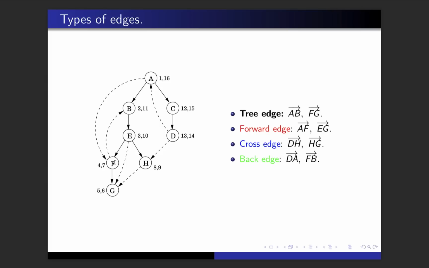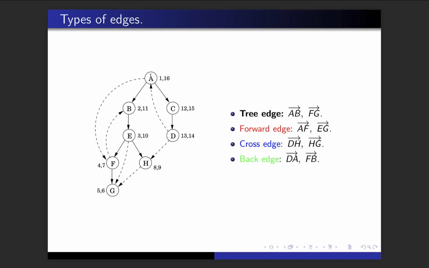And also the edge FV can be labeled as a back edge. Notice that every single edge will be classified in a unique way, because you cannot play two of these roles at the same time. Every single edge will fall into one of the four categories that are present here. And an important thing to notice is that if you have a back edge, look at the very last one here, and let's focus on the example DA.